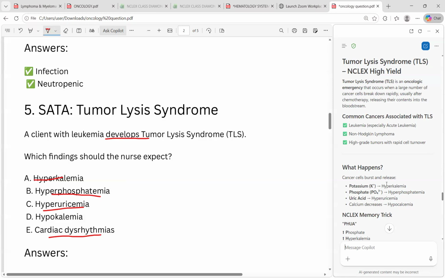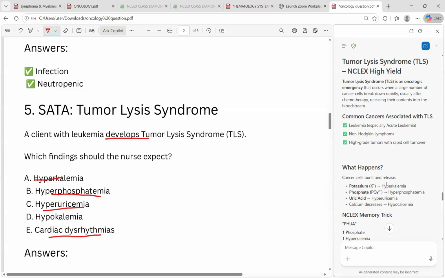The abnormal cells will rapidly lyse, meaning they break down, as the effect of the chemotherapeutic drug, and these breakdown products will be present in the bloodstream.